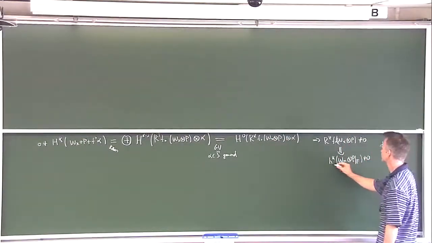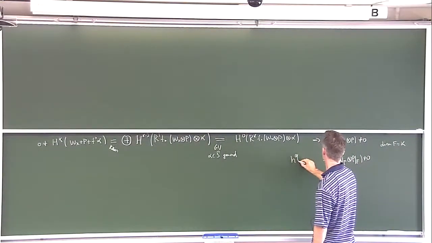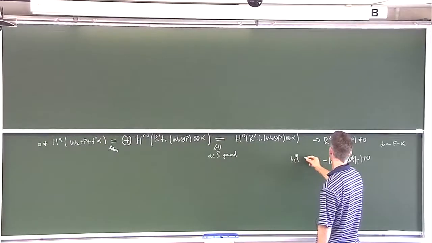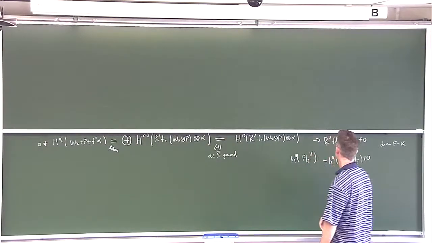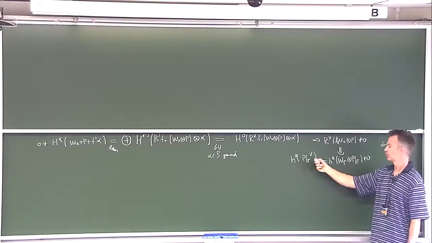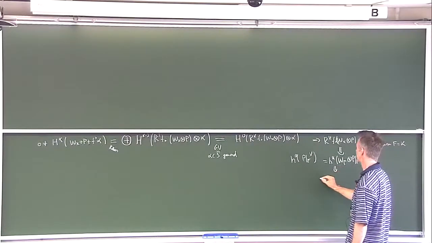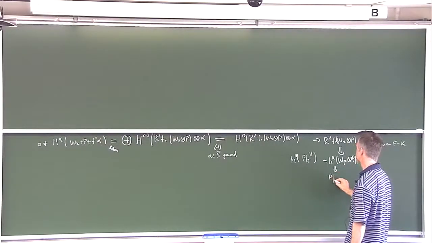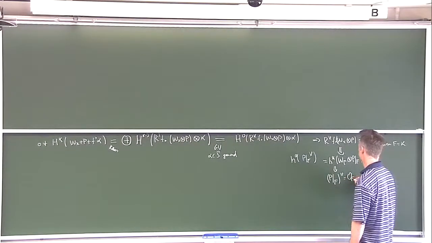So this cohomology group is the same as H0, by Serre duality, of P restricted to F dual. So this is a topologically trivial line bundle with a section. So this tells me that P restricted to F dual is O of F.